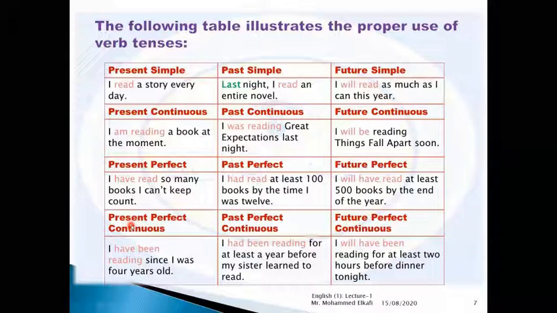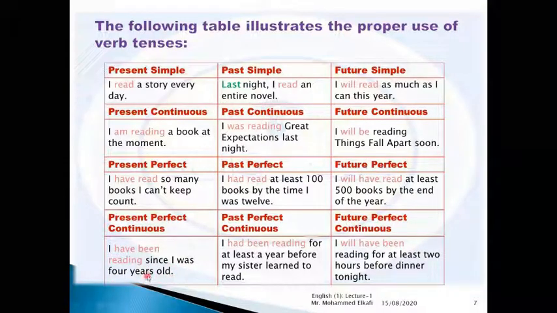The fourth form of the present tense is present perfect continuous. And here the form includes what? Have plus been plus verb plus ing. I have been reading since I was 4 years old.